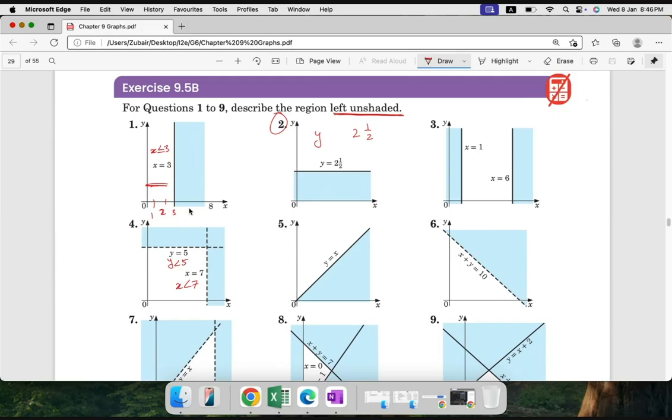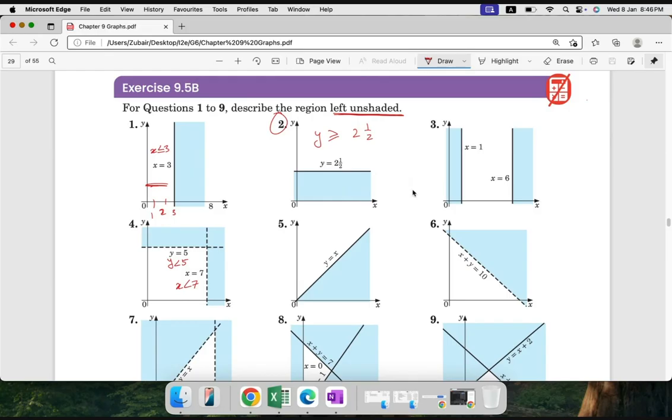Is greater, or... Correct. Great. The unshaded region is above the line, so it is greater than or equal to. Try number 3.